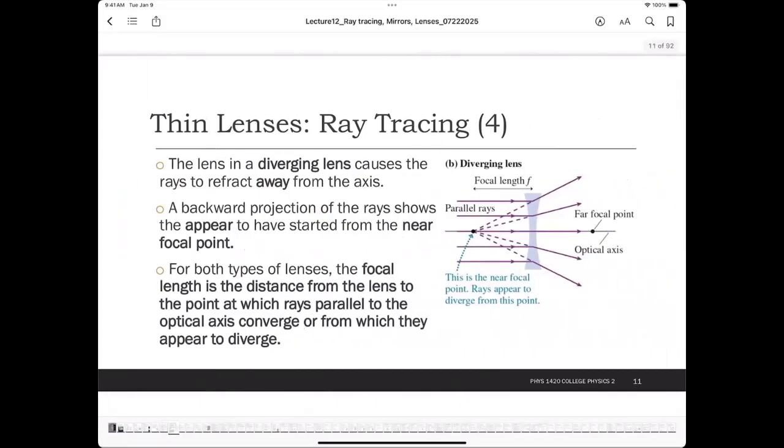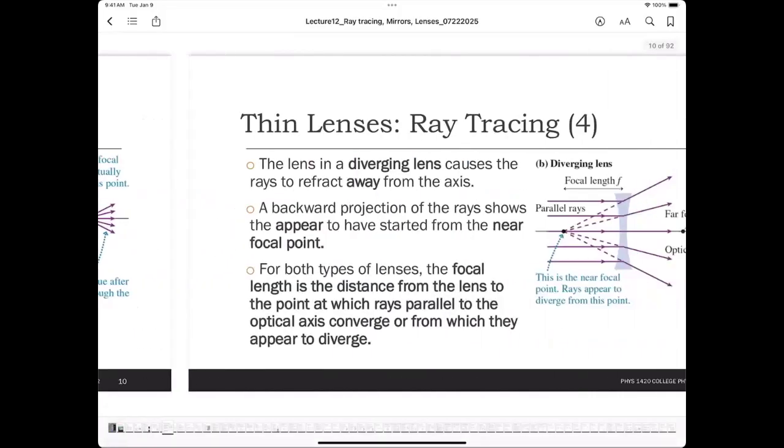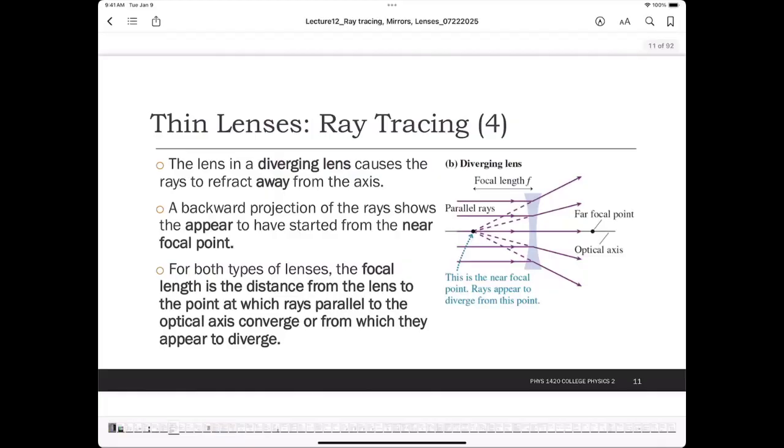We just talked about the convergent lens, and let's talk about the divergent lens. A divergent lens causes the rays to refract away from the axis.